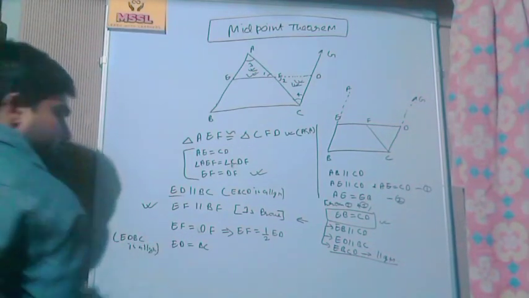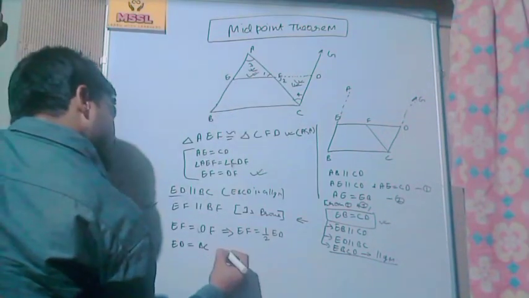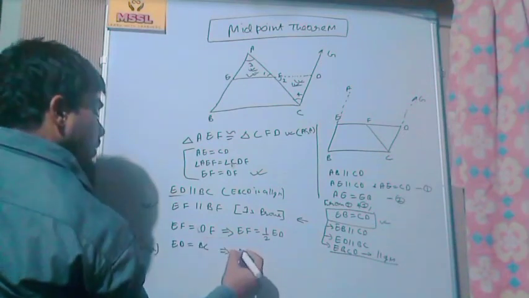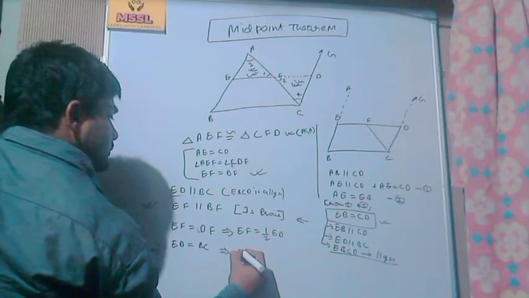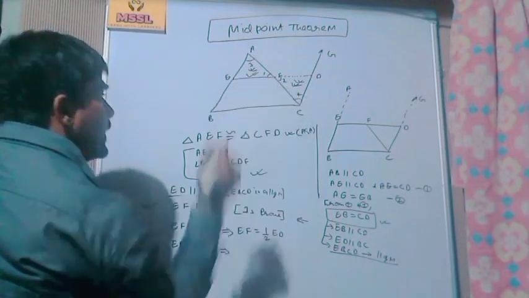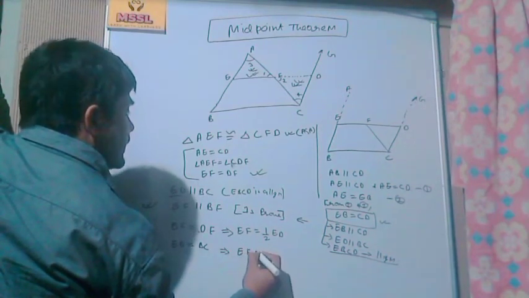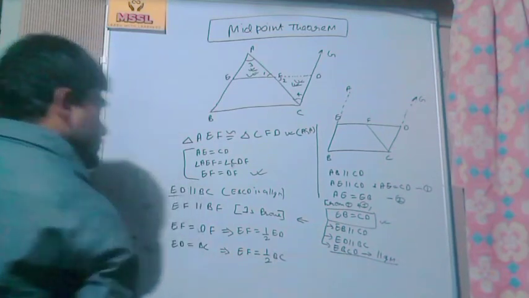We have proved it. Since ED equals BC, and EF is half of ED, we can say that EF equals half of BC also.